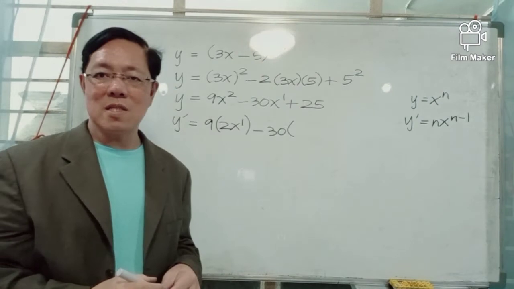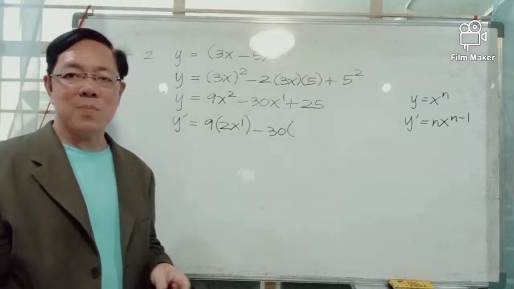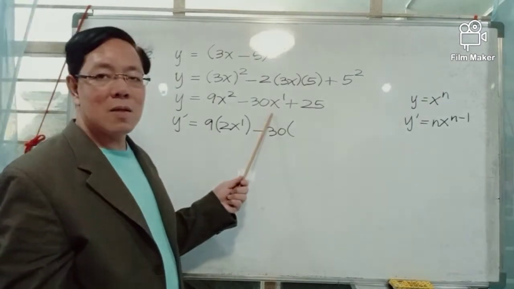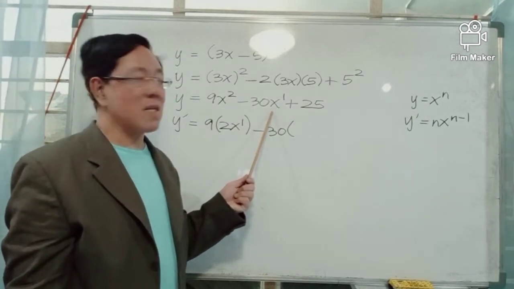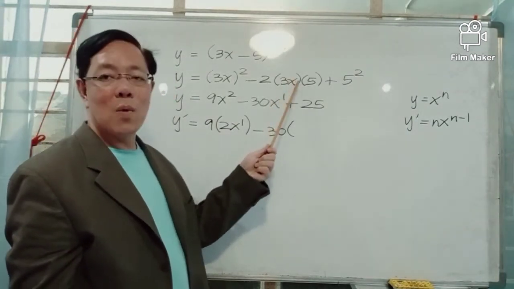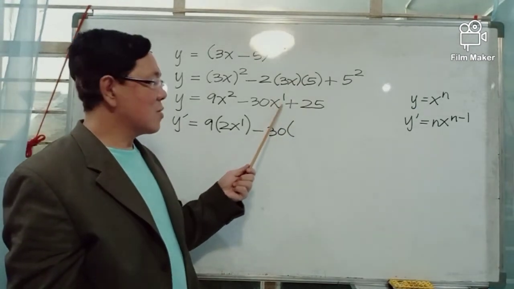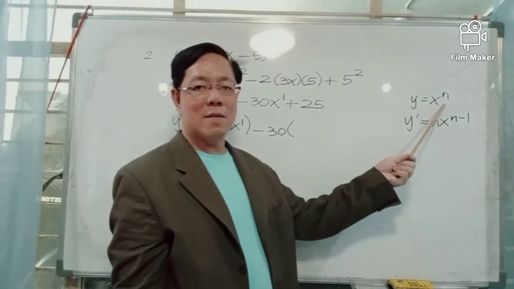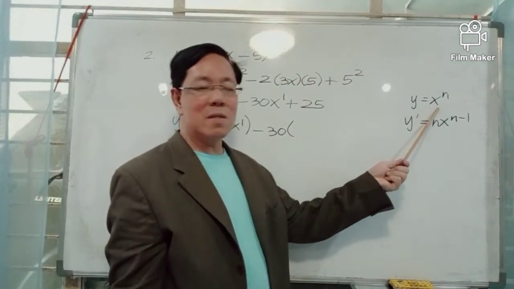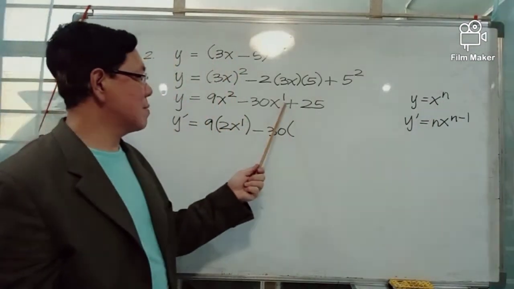But if the exponent is 1, we omit the exponent 1, and without the exponent, it's understood that the exponent of x is 1. But we write 1 to identify the exponent n. In theorem 1, n now is 1.